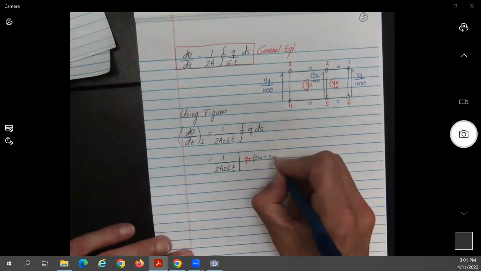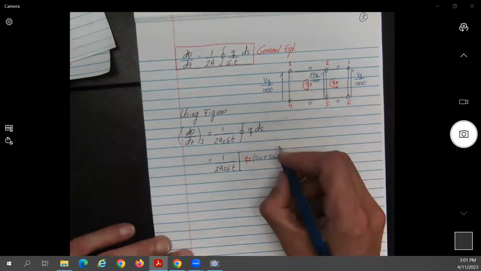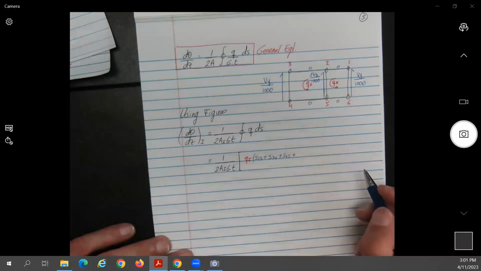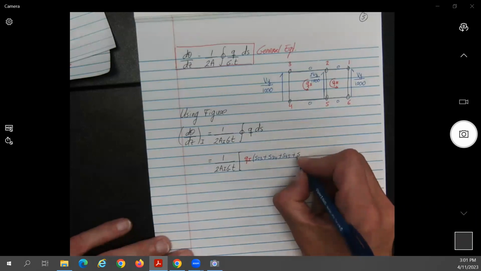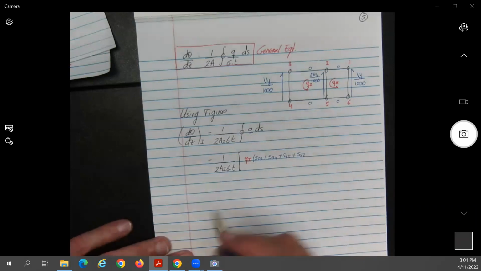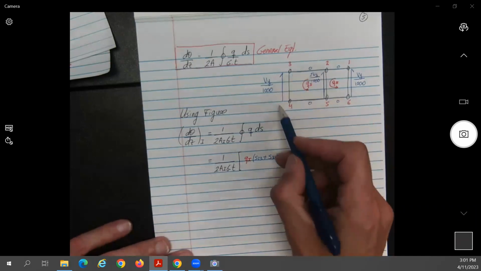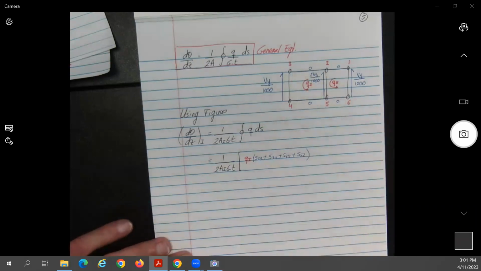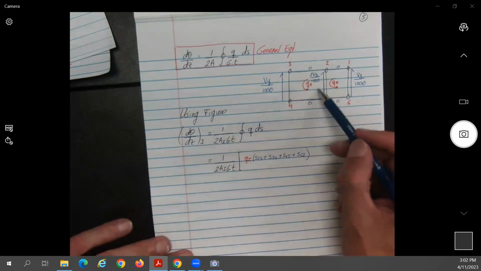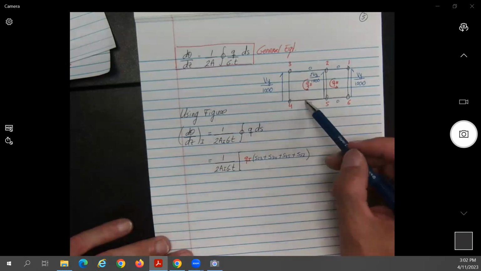Plus S34, plus S45, plus S52. Yes? So it'll go through the whole cell, no? So this is going to produce an angle of twist of what? In the counterclockwise direction. Yeah.